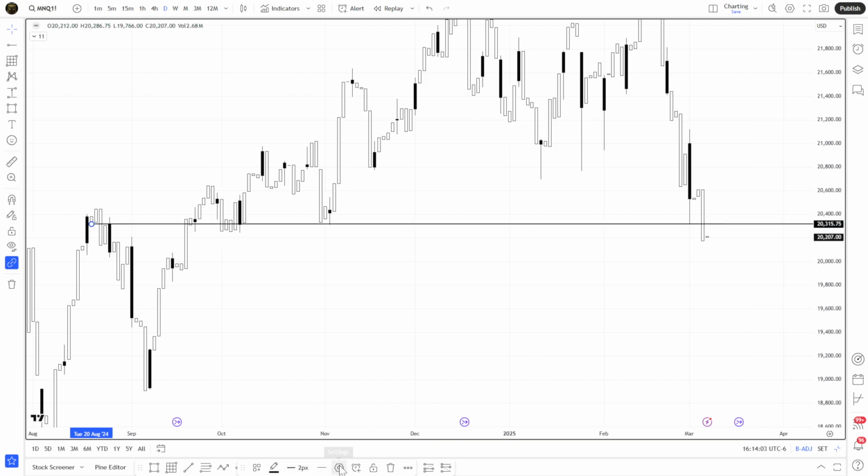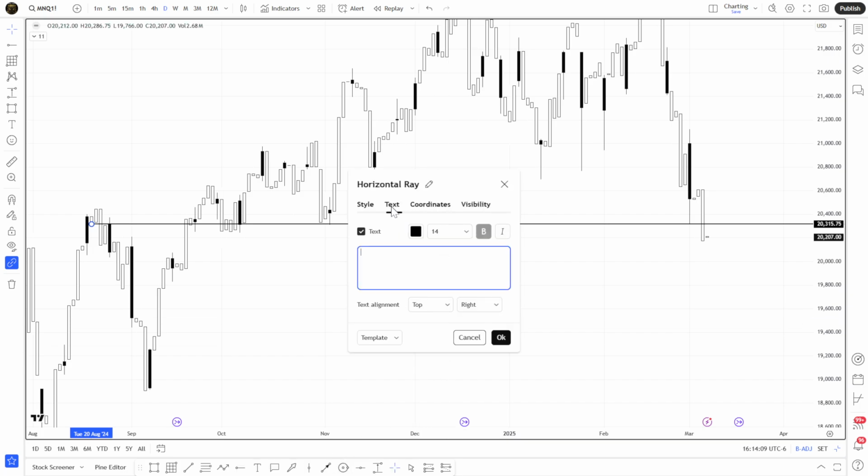But we're just going to label this. Let's see, we got open, close, low, low. Okay. Monday, opening price plus close plus two lows. Okay.